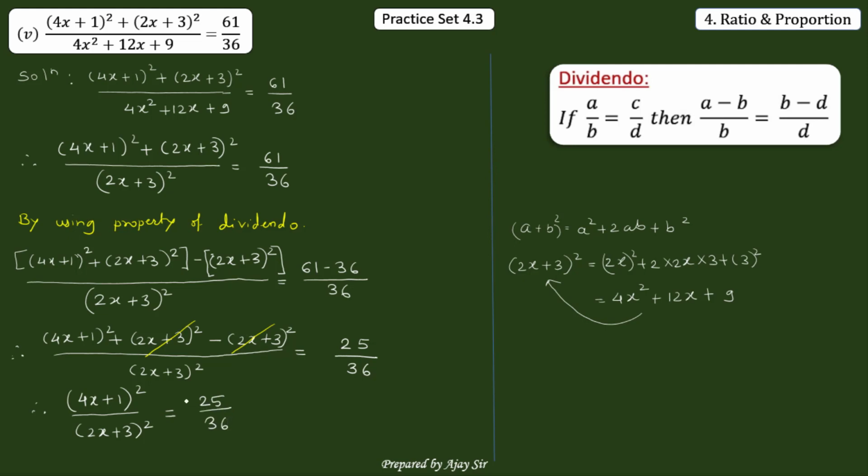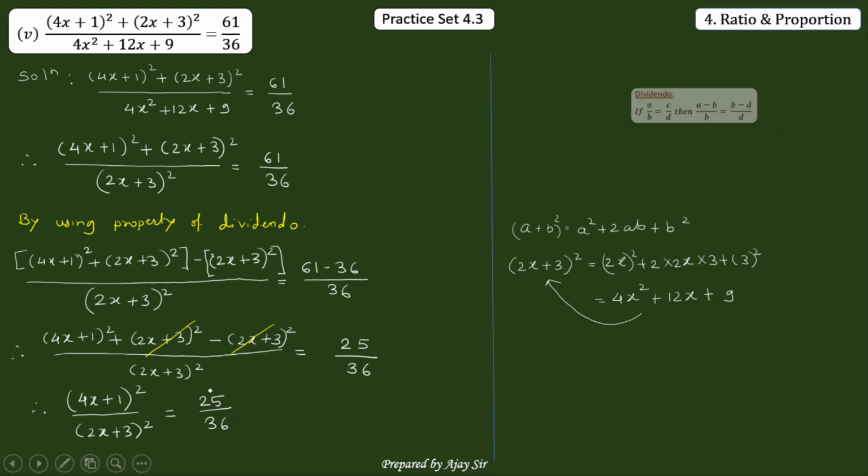So this is a square term and this is also a square term, and 25 is a perfect square of 5 and 36 is the perfect square of 6. If you take the square root of both the sides, then you can find the value of x.